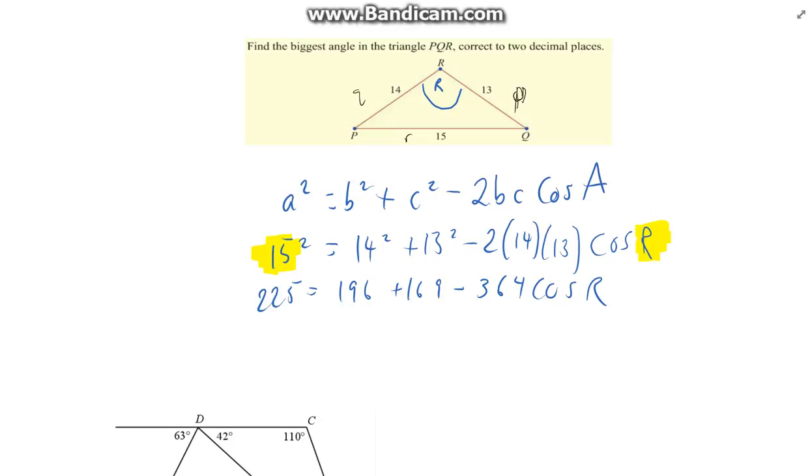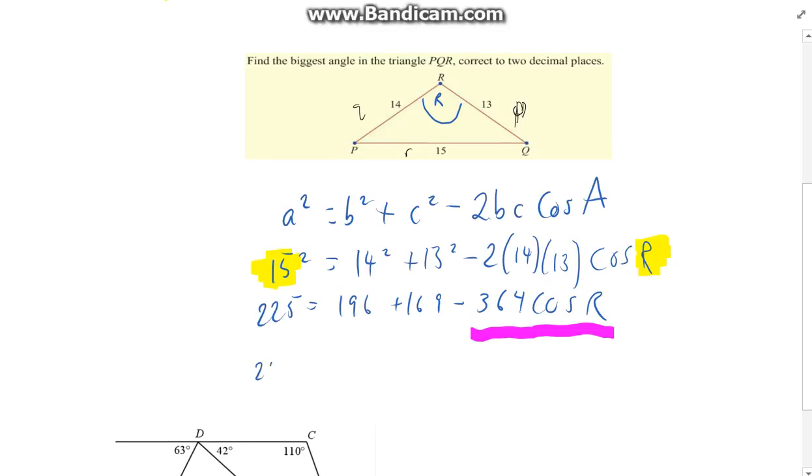Just be aware that they're stuck together, like they're actually multiplying by each other, so I can't just subtract those numbers. So I'll have 225 is equal to 196 plus 169, which is 365, minus 364 cosine r.